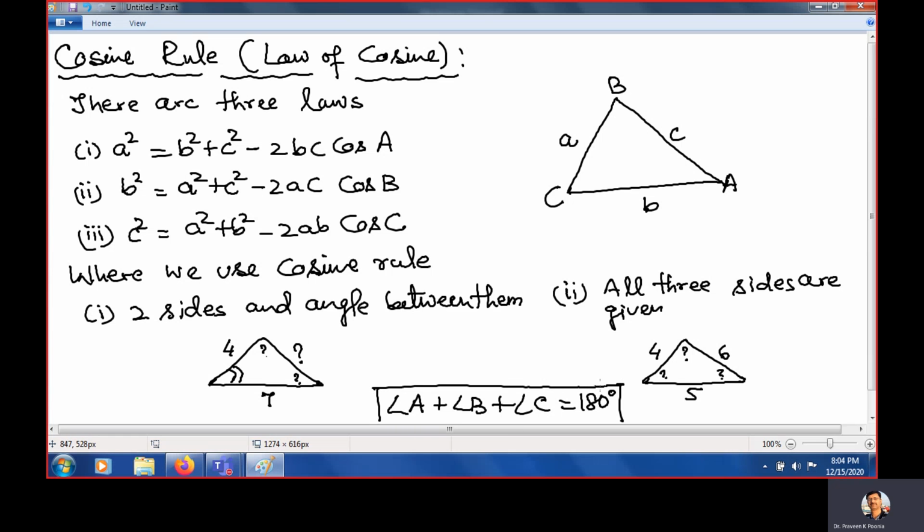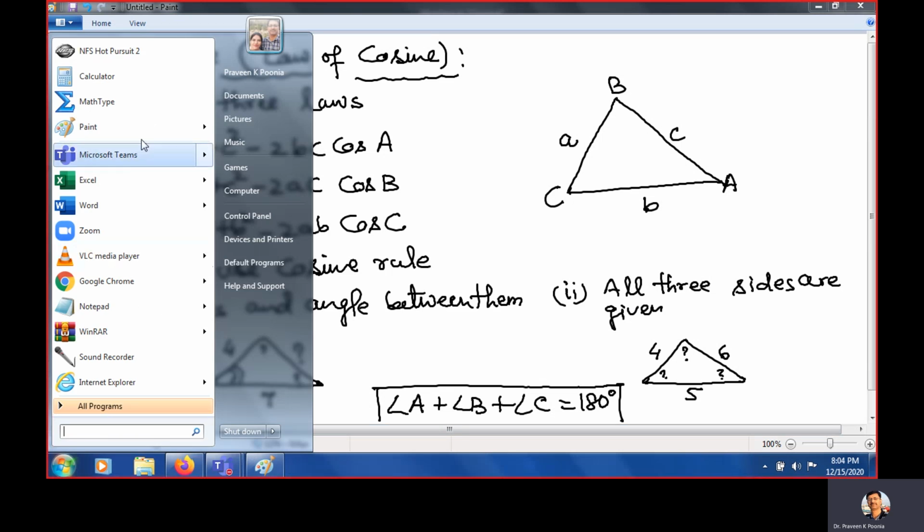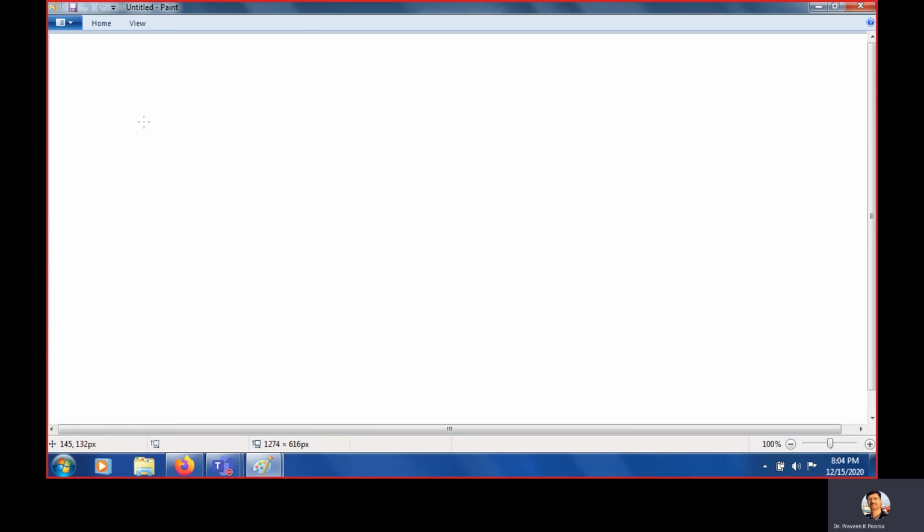So this is about the laws of cosine, or the cosine rule. We will solve two types of problems with the help of the cosine rule, so we'll solve two problems only.